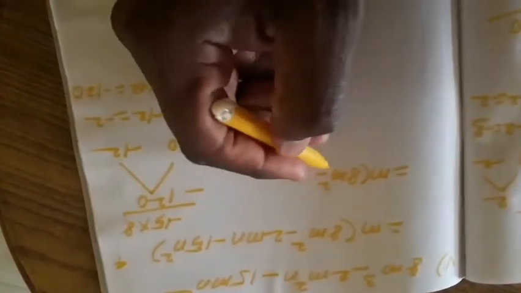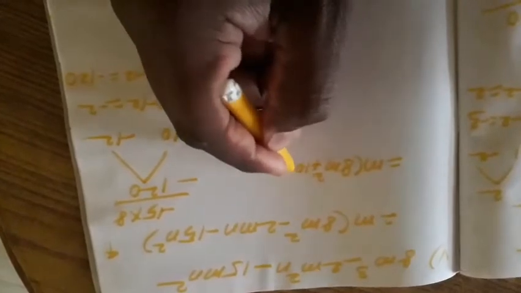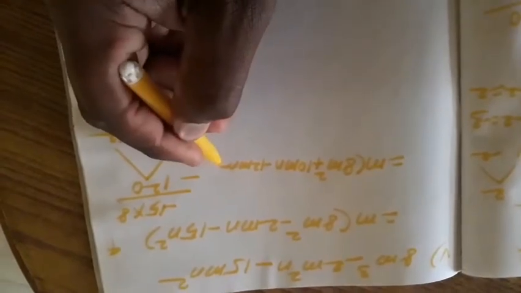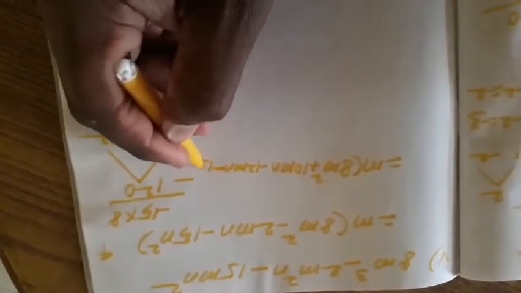So the condition is satisfied. Therefore we can write m into 8m square minus 2m as plus 10 mn minus 12 mn minus 15n square.